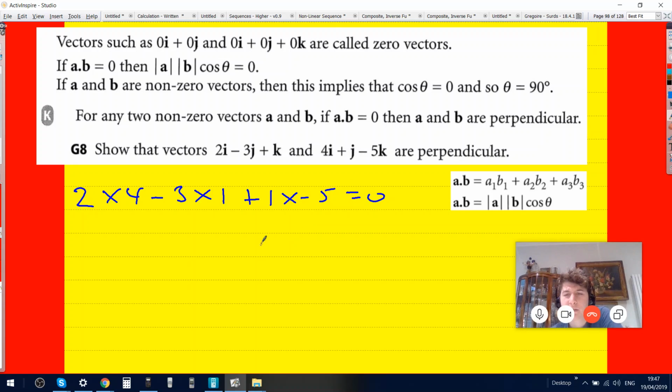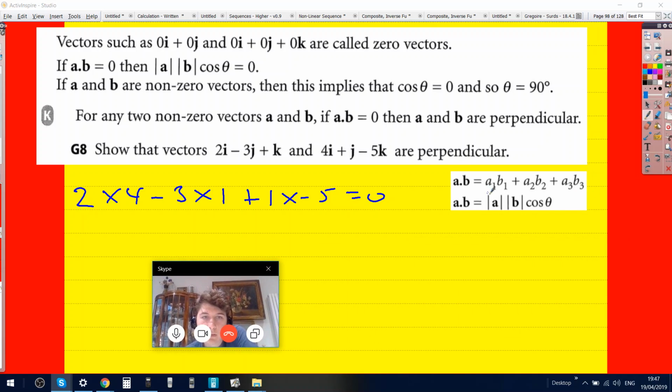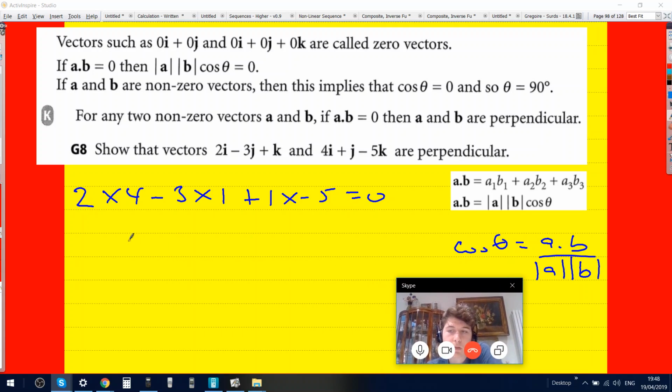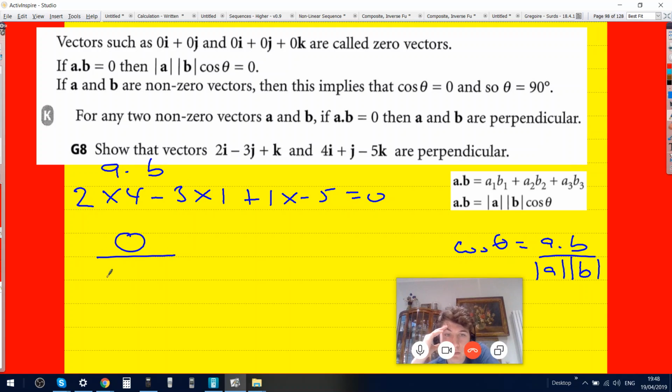Wait, I'm just thinking, how does cos come into this again? The formula. A dot B equals magnitude B magnitude A. Well, no, that's not a good formula. I should have used cos theta equals A dot B over magnitude of A times magnitude of B. So this is A dot B, and so 0 over magnitude A magnitude B is still 0.